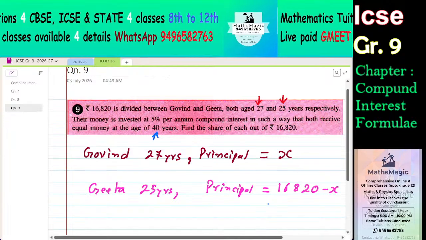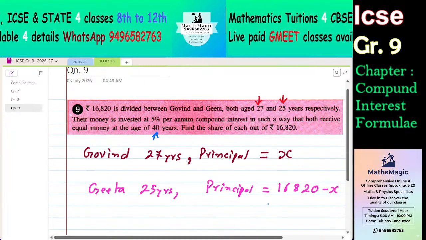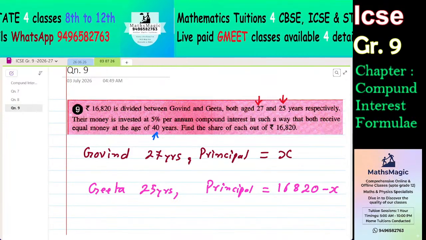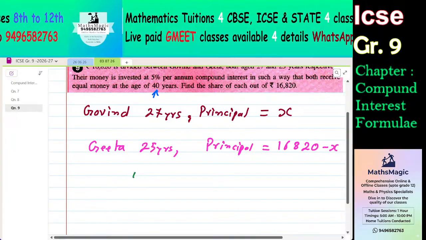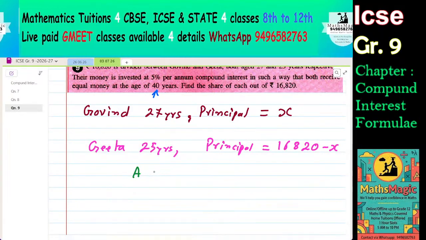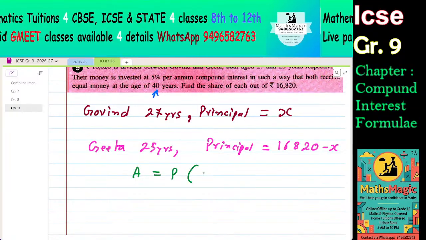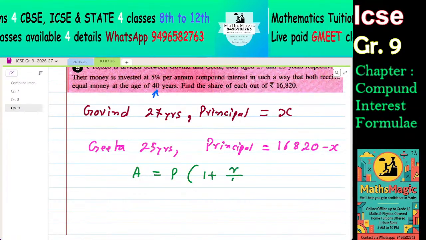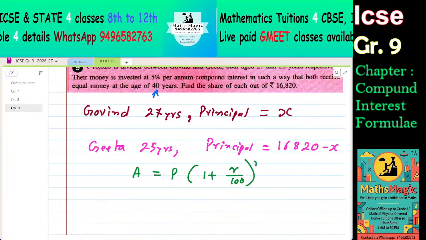Yes, we need to equate the amount after respective years. So amount A equals P into (1 + R/100)^N.